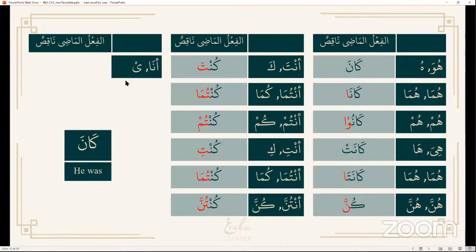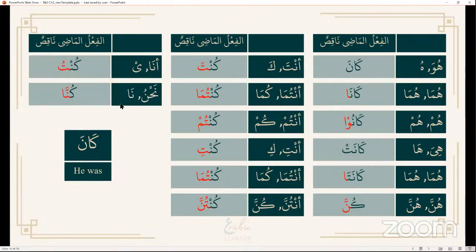Then for ana, it will be kuntu. For nahnu, it will be kunna. So this is the conjugation of Kaana. Please remember this. I'll be doing a lot of practice today with you, not for Kaana, but for another fellow naqis.